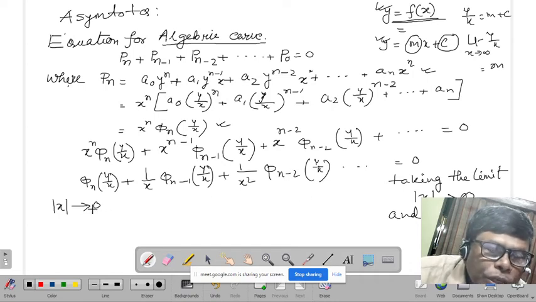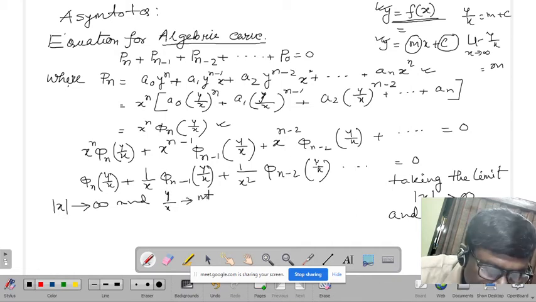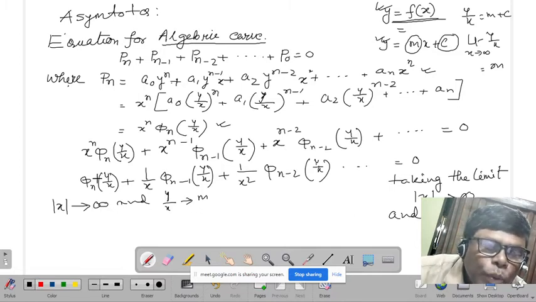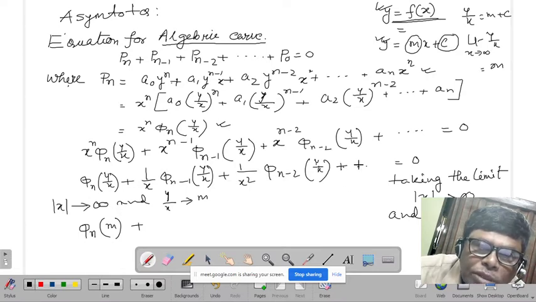asymptote. So we take x tends to infinity and y by x tends to m, so y by x is equal to m, so the equation becomes phi n m plus, this becomes x tends to 0, so this becomes 0, this becomes 0, and all the other terms, dot dot dot, due to this x term in the denominator, will become 0.